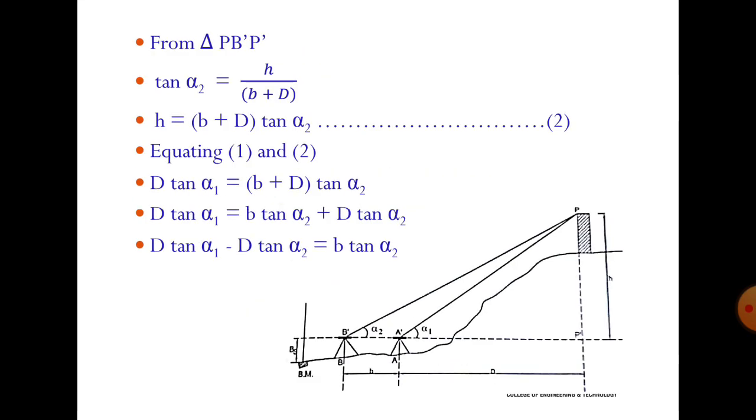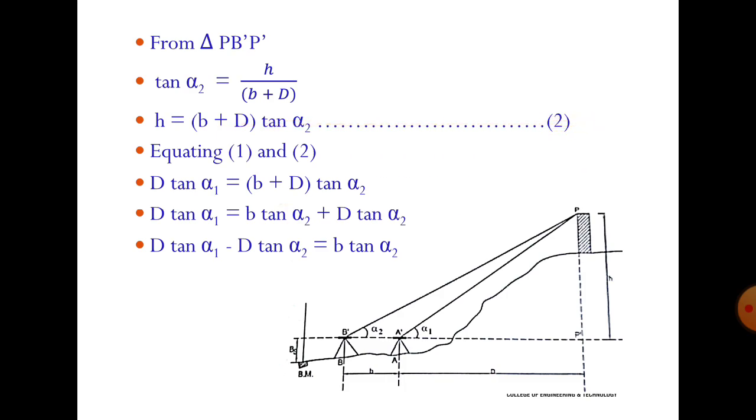Now from P B dash P dash, tan alpha 2 is h divided by d plus b, or b plus d, both are the same. So h is equal to (b plus d) tan alpha 2. This is formula number 2.